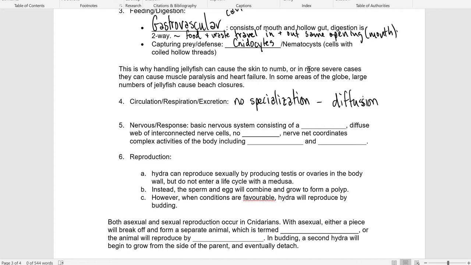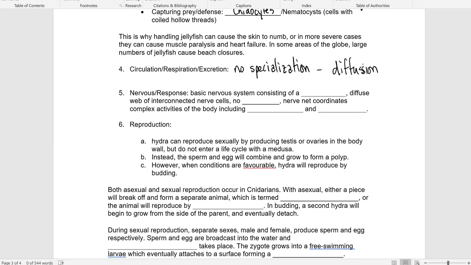No respiratory system, no circulatory system. Nervous and response: they do have what's called a nerve net, right? This is a very simple nervous system, like a diffuse web throughout the tissue, with interconnected nerve cells.